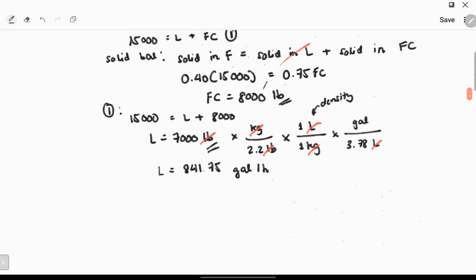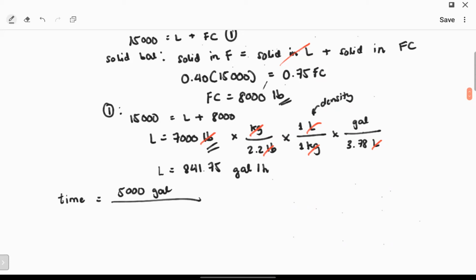gallons per hour. Okay, so the time, therefore, to collect 5,000 gallons of filtrate is this, no? So all you have to do is to divide that. So there are 5,000 gallons of filtrate, but the rate, para lang siyang rate is distance over time, or in this case volume over time.